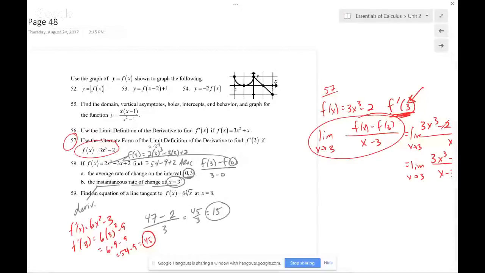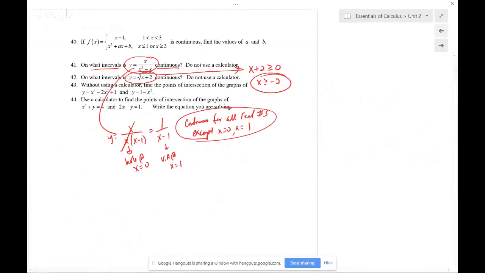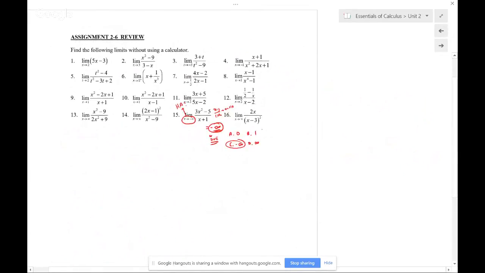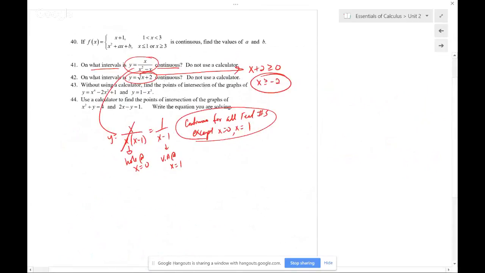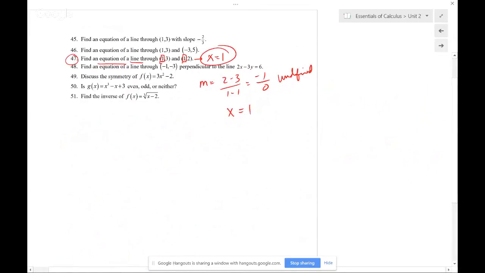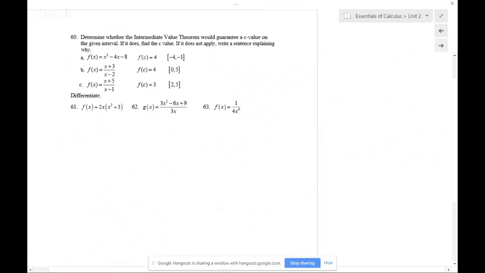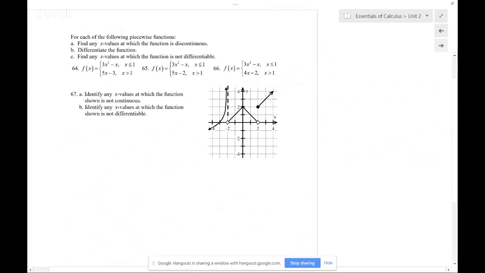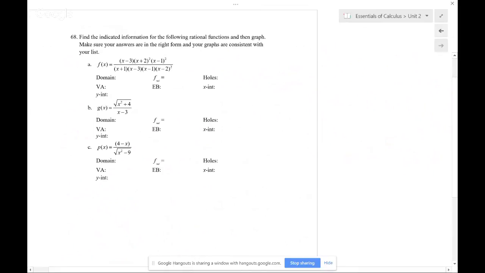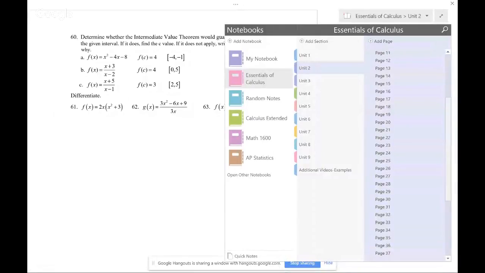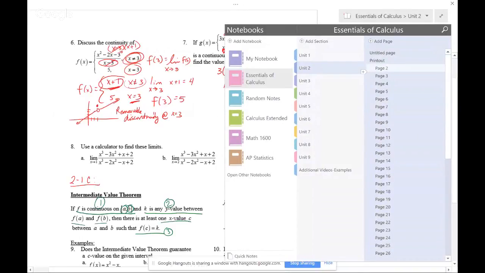Let's see, was there any on this where you had to do that? Derivative doesn't look like it. Okay, let me see if I can find a problem that would be similar to that.